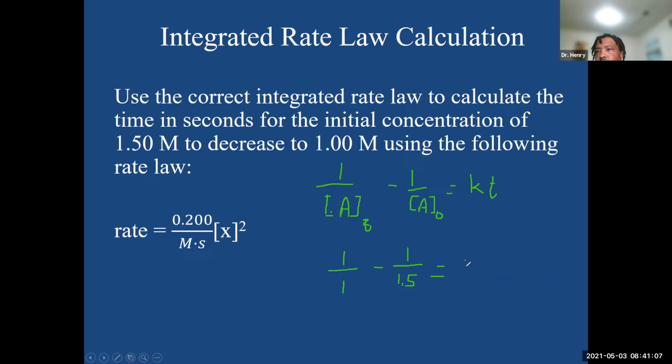That's going to equal, and then here, this is our value for K, since they gave that to us. So we'll divide that by our value for K. So that's 0.200. And then that's going to equal T.